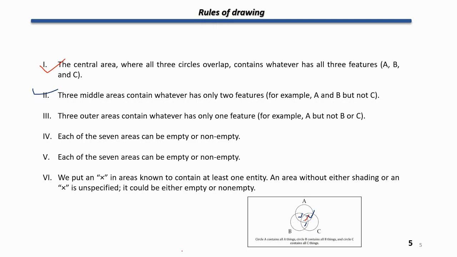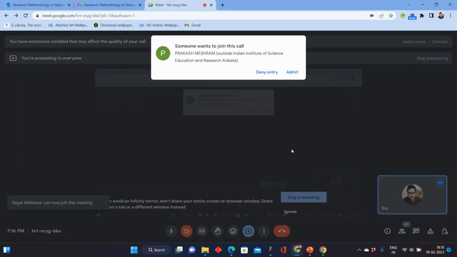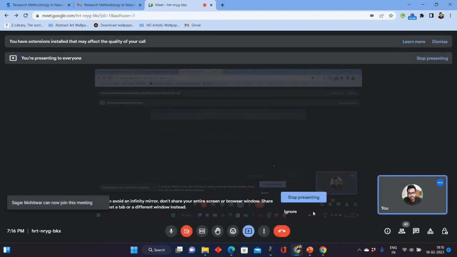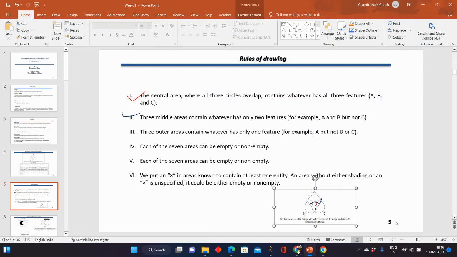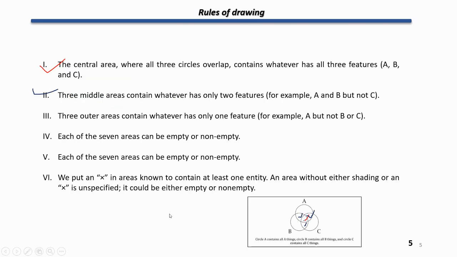So what are those? Let's say this area is only B, nothing common.